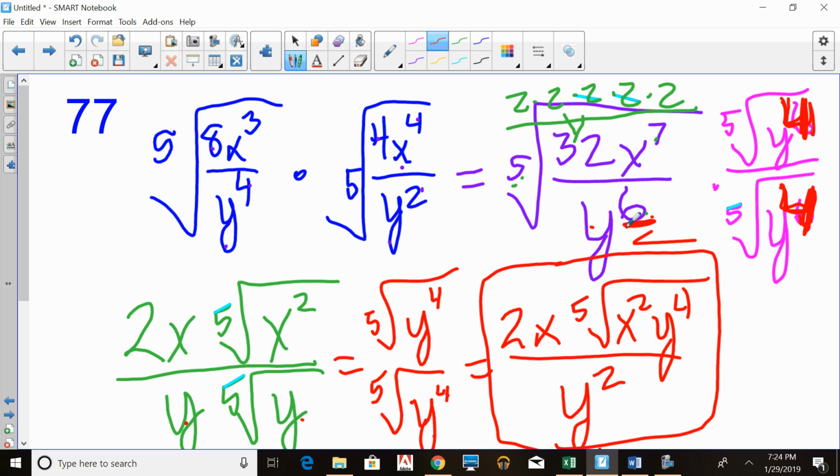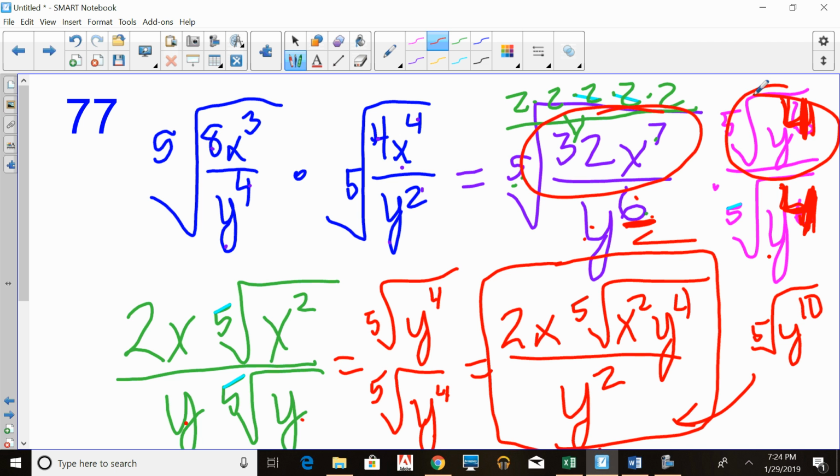Well, because there's already 6 here, and let's see, 5 goes into 5, 10, 15, and 20, so if you have 4 more y's, y to the 4th and y to the 6th turns into y to the 10th, and the fifth root of y to the 10th is y squared. And then if you simplify this and this, you would get this right here. So that's why I think it's easier to simplify this first and then figure out what you have to multiply by second.